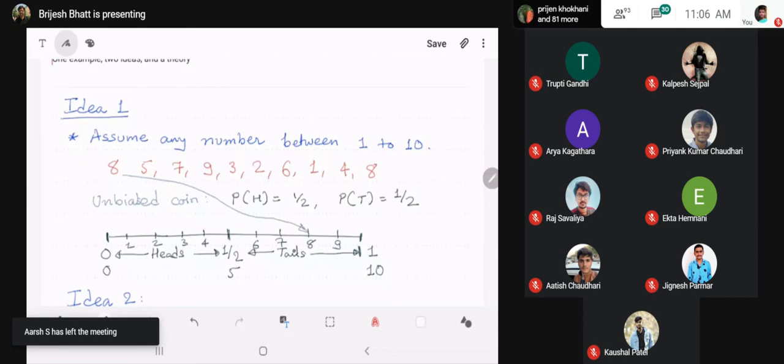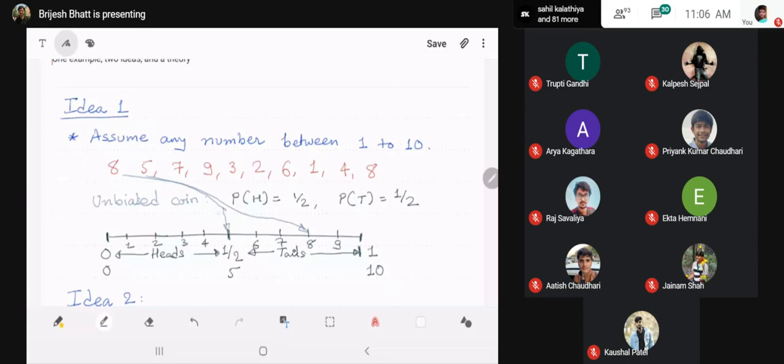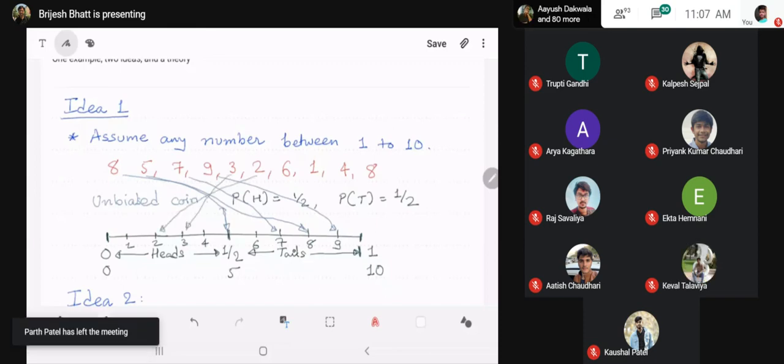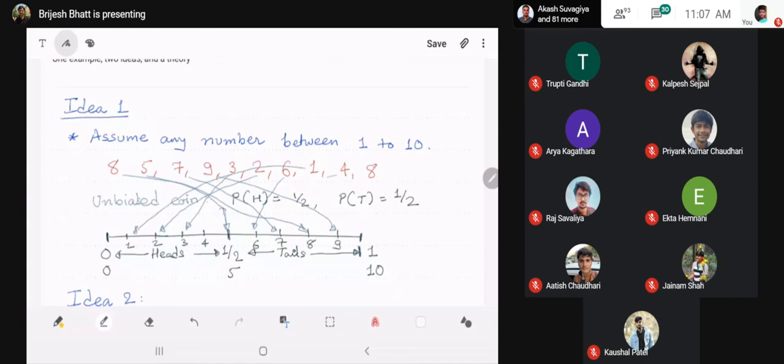Right? 5 is exactly the midpoint of the stick from where we break it. So this is 5. 7 is somewhere here. 9 is somewhere here. 3 is here. 2 is here, 6 is here, 1 is here, and 4 is here, 8 is again here.